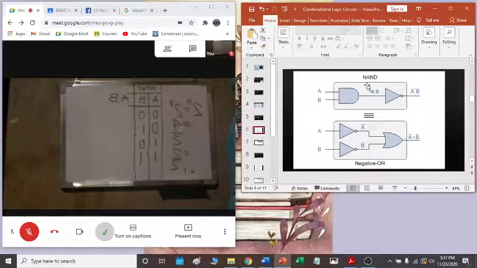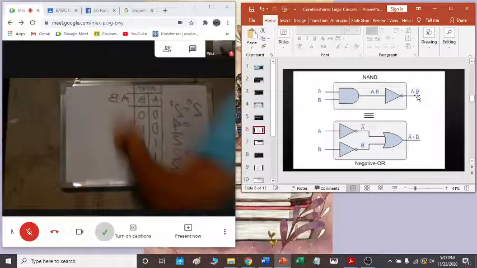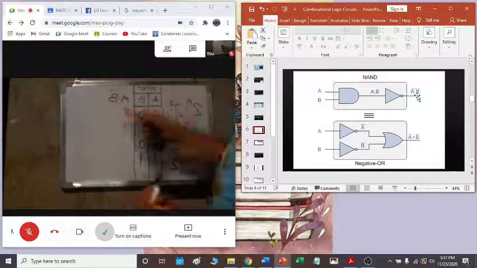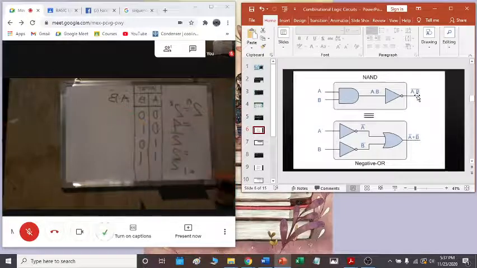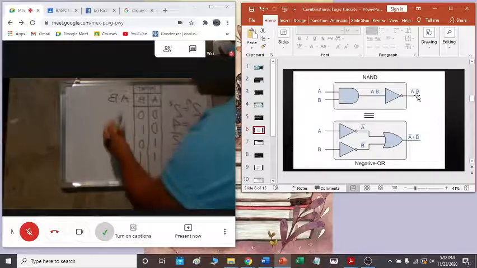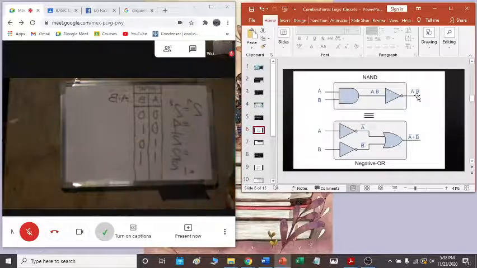The logic diagram is our NAND gate. Since the NAND gate has an inverter at the end, the output becomes the opposite. Before it inverts, we first get A times B, or the AND output of the inputs. For the AND gate, all inputs should be 1 in order for the output to be 1.